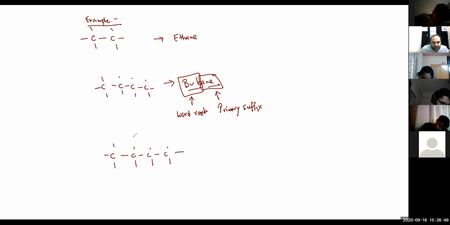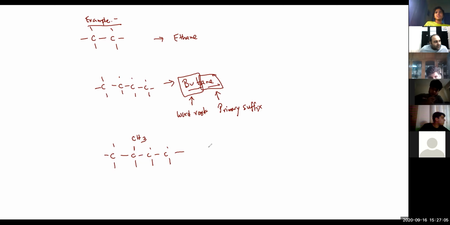If you have a CH3 here, what is the name? 2-methyl butane. Many of us did not do O levels with me here, so they will certainly have problems with organic, so I will just go with methyl butane.